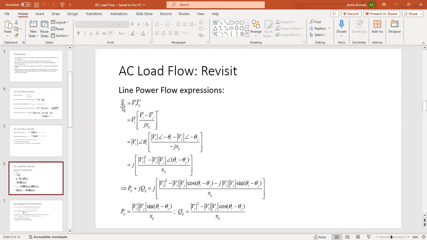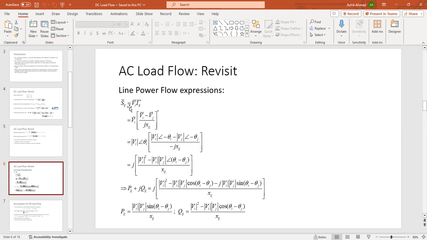Then the line flow expression was provided as Sij phasor equals Vi phasor times Iij conjugate. Vi is kept as it is, and Iij, which is basically the line flow between bus I and bus J, we take the conjugate of that.